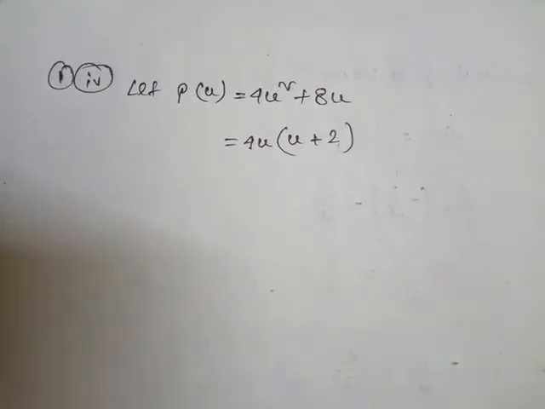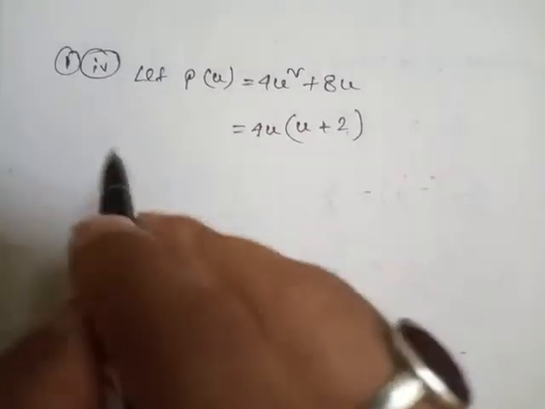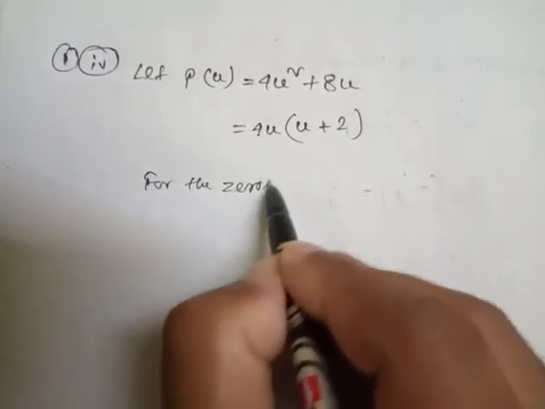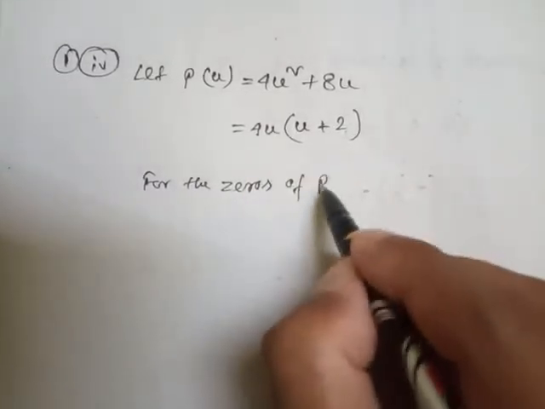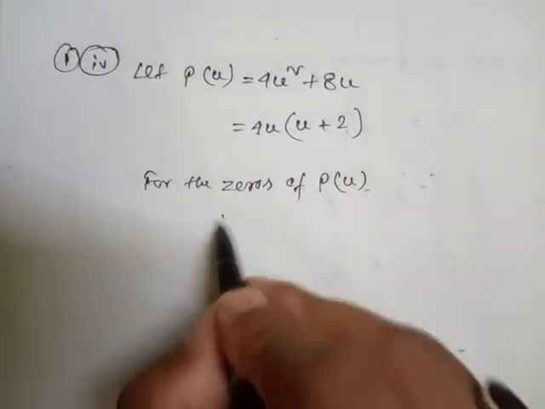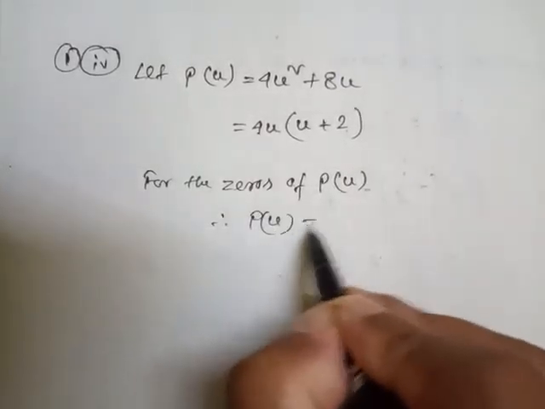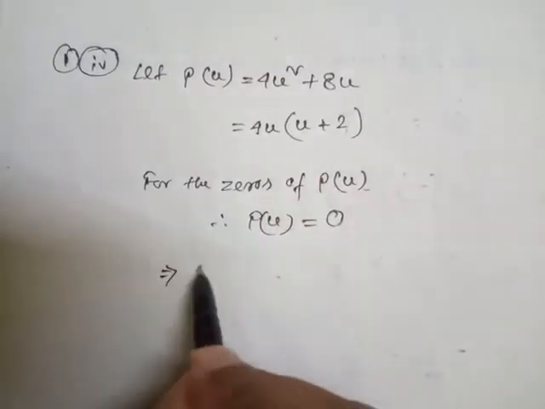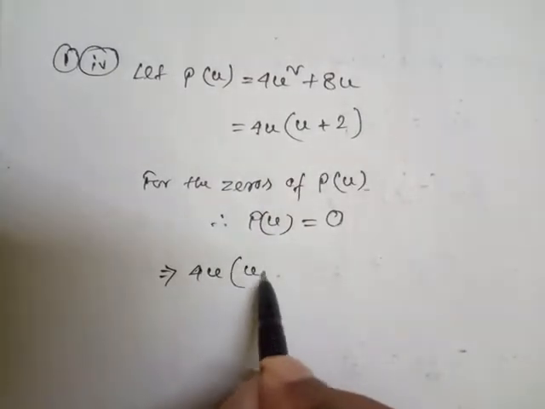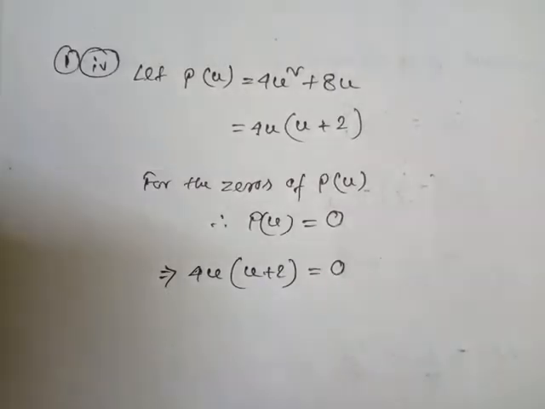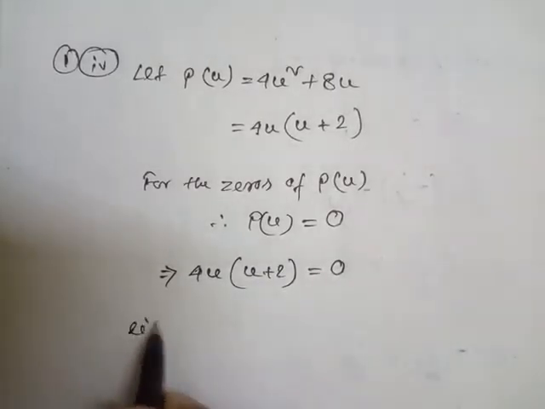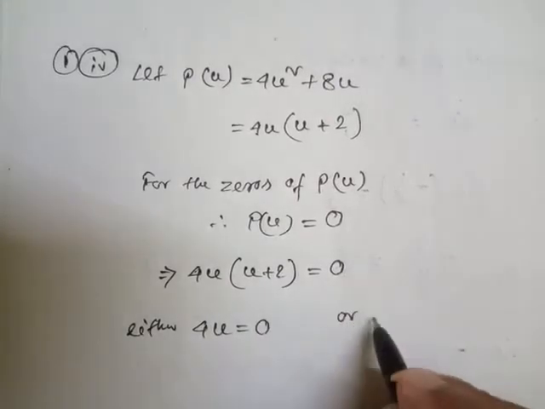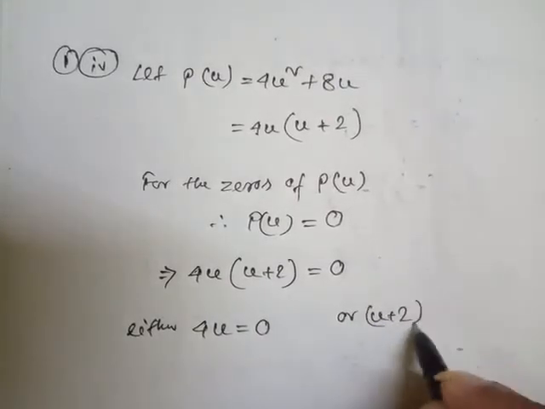Now after that, we'll write here that for the zeros of p(u), p(u) equals 0. Now what is the value of p(u) here? The value of p(u) is 4u into u plus 2, equals 0. So we can say that either 4u equals 0 or u plus 2 equals 0.